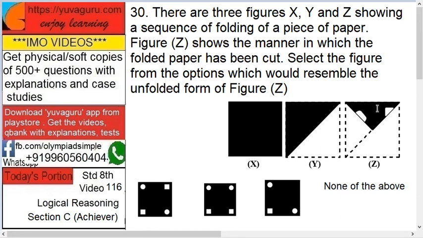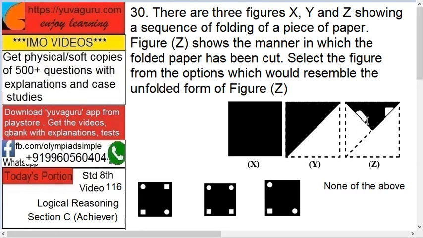Okay. So when you unfold it, see here, first unfold it on this side and then on this side. Means first on this diagonal you have to unfold, then on this diagonal. So when you unfold it, this is a circular cut.